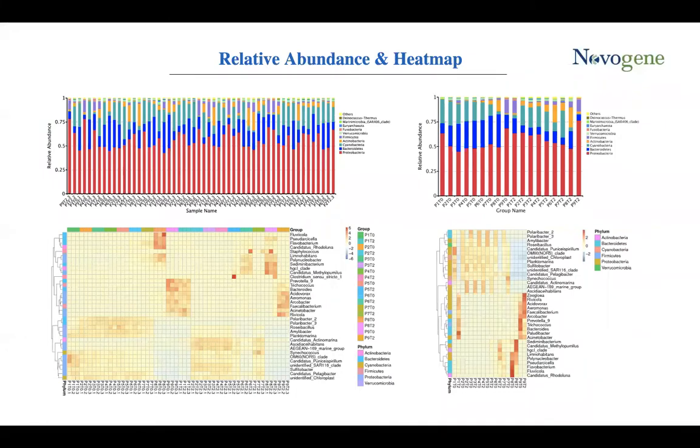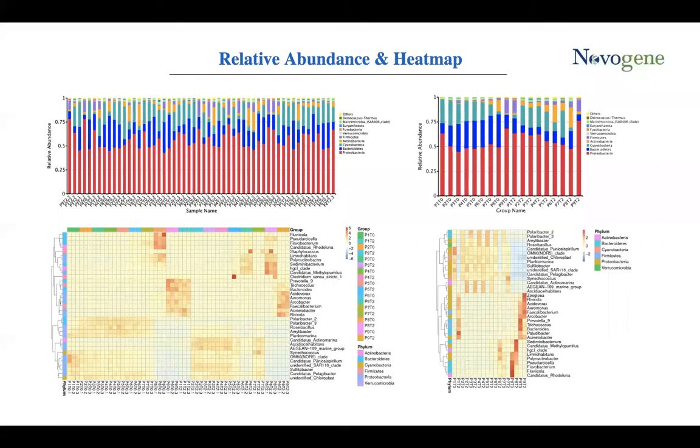And according to the taxonomic annotation results, we select the top 10 taxa of each sample or group at each taxonomic rank, that is phylum, class, order, family, or genus, to form the distribution histogram of relative abundance of taxa. So we could visually see the taxa with higher relative abundance and their proportion in different classification levels of each sample.